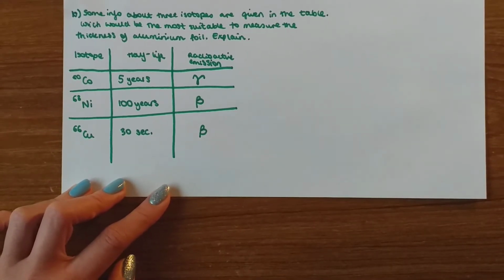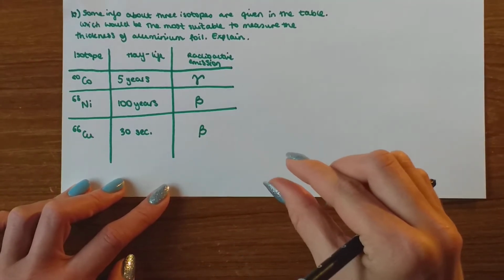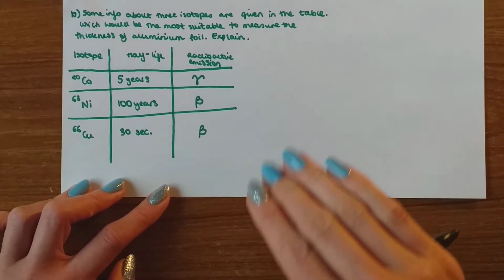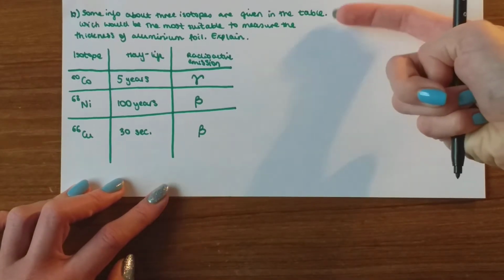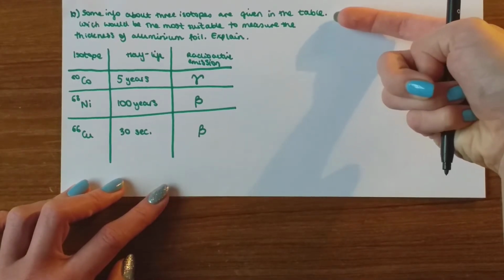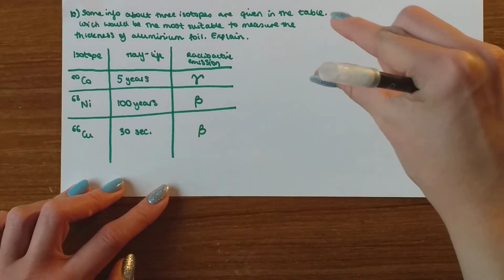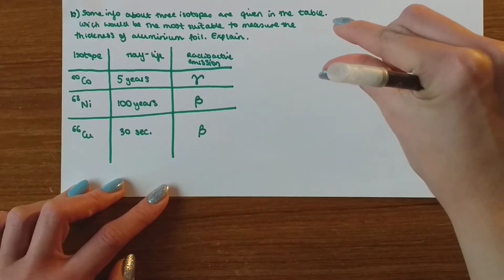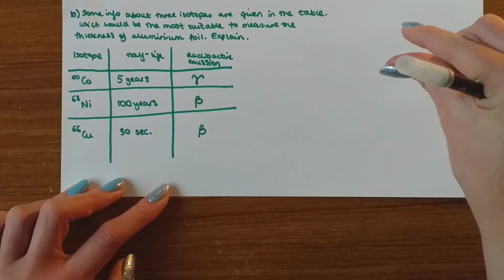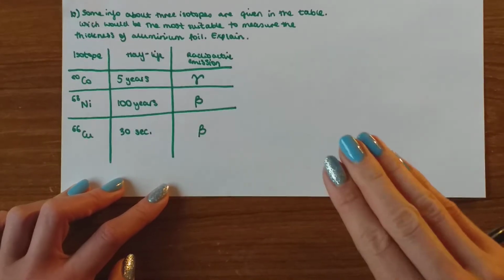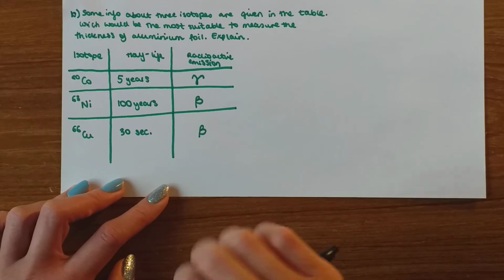This means that if the foil gets too thick, the beta radiation wouldn't pass, so the detector on the other side wouldn't detect any beta radiation. That would mean the machine has to get smaller so that the aluminium strips are thinner, and that's what they're aiming for, because then the beta radiation will go through the aluminium and into the detector.